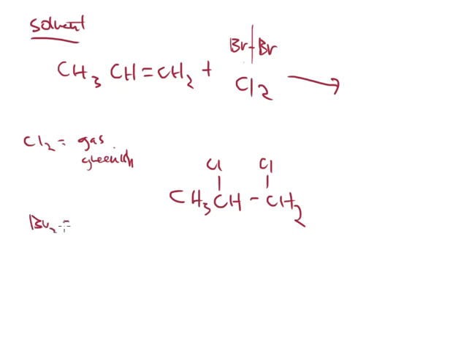Bromine is very similar. Bromine is going to be reddish brown in color. Bromine is a liquid at room temperature. It's actually one of those things that if I pour it into a container and leave the lid off, it's going to evaporate right in front of me, and it's going to evaporate in a red fume, and I can actually see it begin to fill up the room if I allow it to happen.